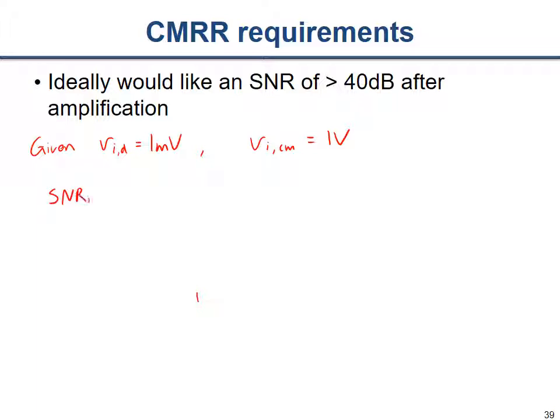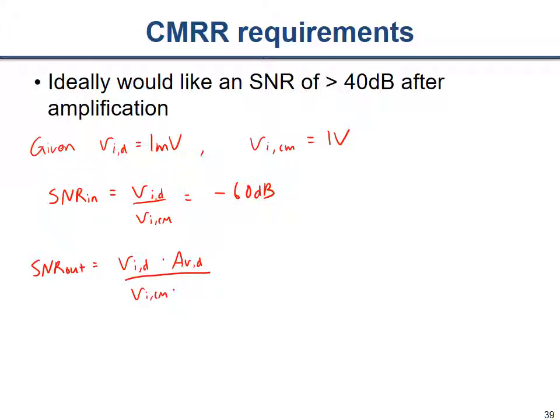So the SNR, or technically the signal to interference ratio, we'll just call this SNR to be a little loose about this, is minus 60 dB. Okay, so we need 40 dB. So SNR out is going to be VID times the differential gain divided by VICM times the common mode gain, which is effectively equal to the common mode rejection ratio times VID over VICM.